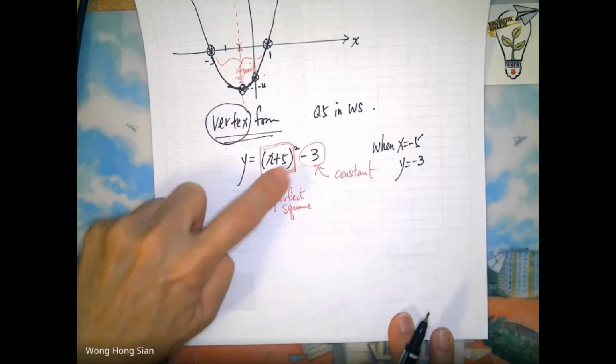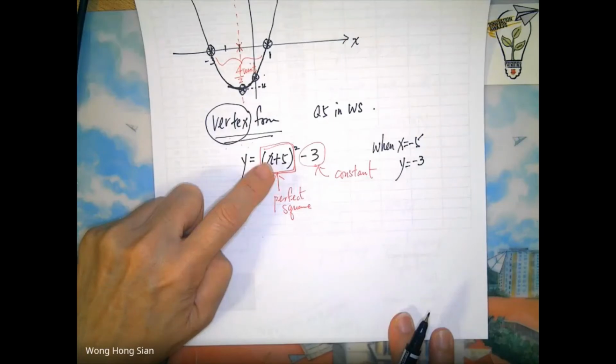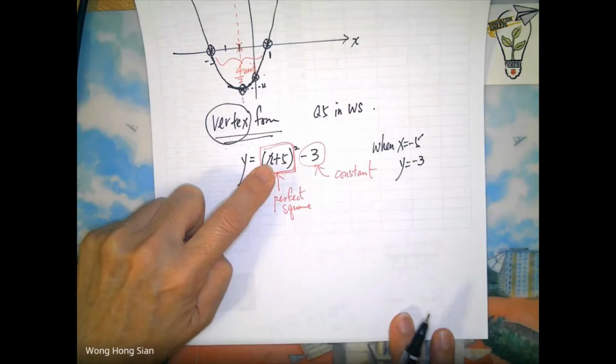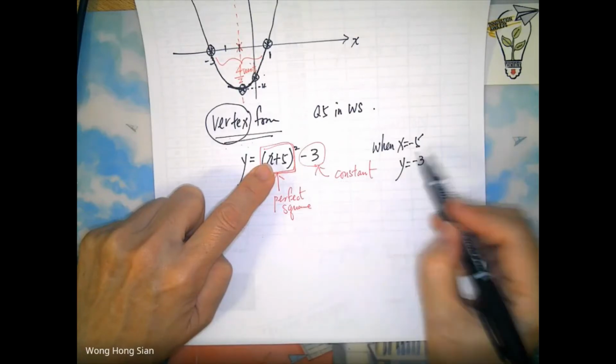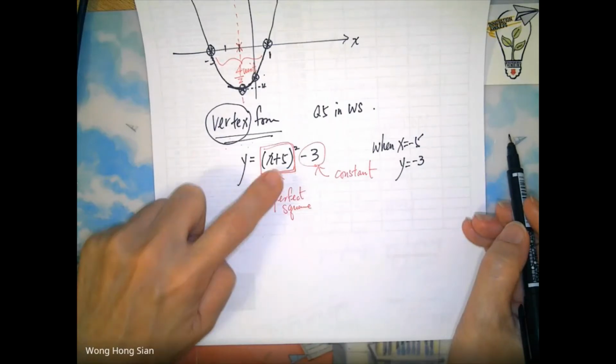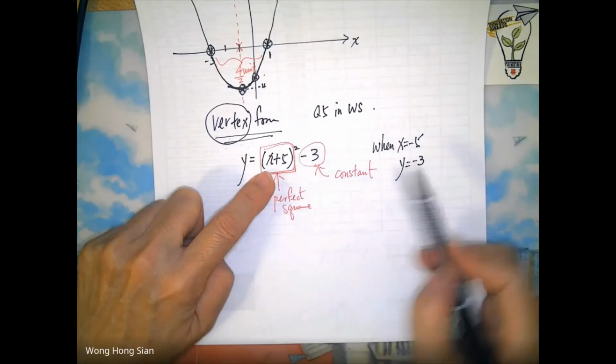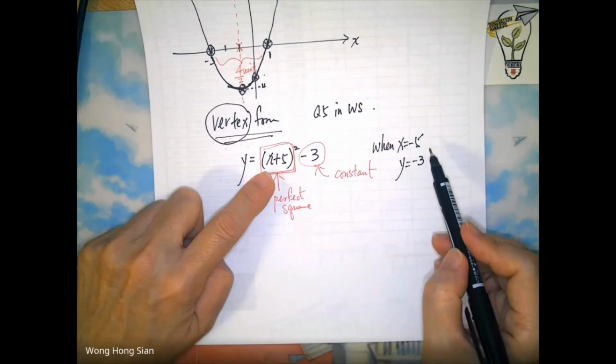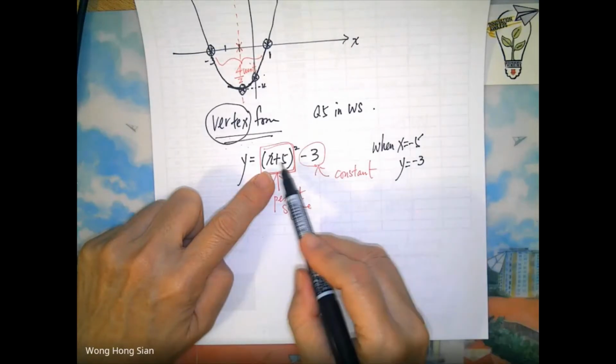If we want to make this as big as possible, we can keep changing x into something with a very big absolute value, and we get a very big number. But what is the smallest number that we can get? The smallest would be when x is equal to negative 5, because when the inside of the bracket is 0, when you square it, it's going to be 0.